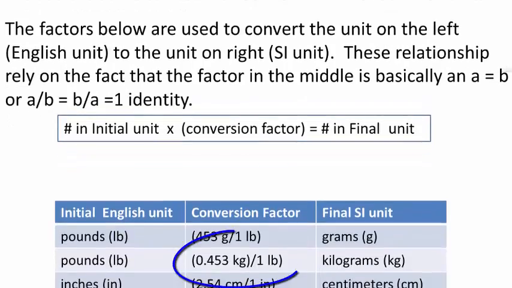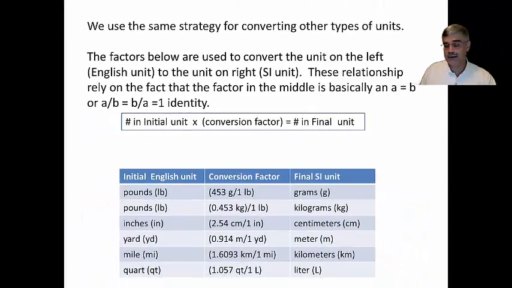So, for example, between pounds and grams, the identity is that there are 453 grams in 1 pound, or 453 grams is equal to 1 pound. So we can create this ratio as 453 grams over 1 pound, or as we will see in the next slide, we can flip it, 1 pound over 453 grams, and multiply it by whatever initial unit to cancel out the units on the bottom of the conversion factor to give us the desired units for the product.